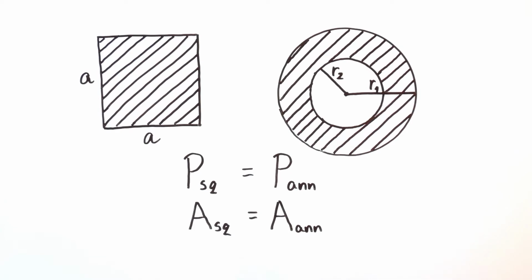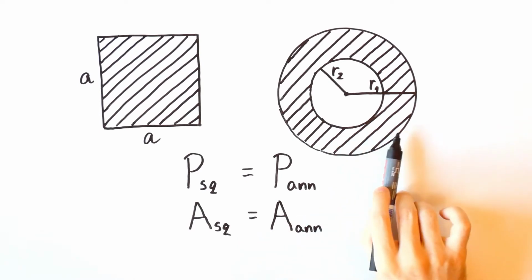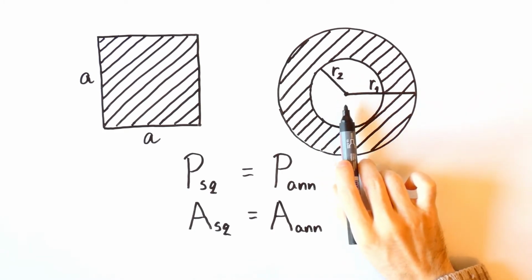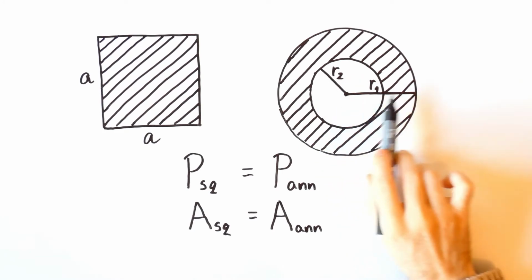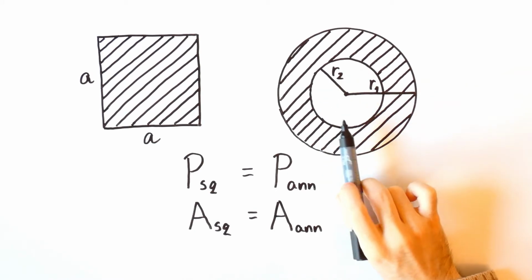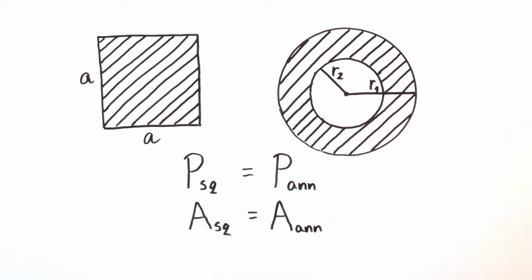But first, if there weren't any conditions, that is, if we ignore these two equations, what would that mean? Well, in that case, we could have any annulus. So R1 and R2 could be anything as long as they're both positive and R1 is greater than R2. And in that case, we could change R1 and R2 independently of one another.